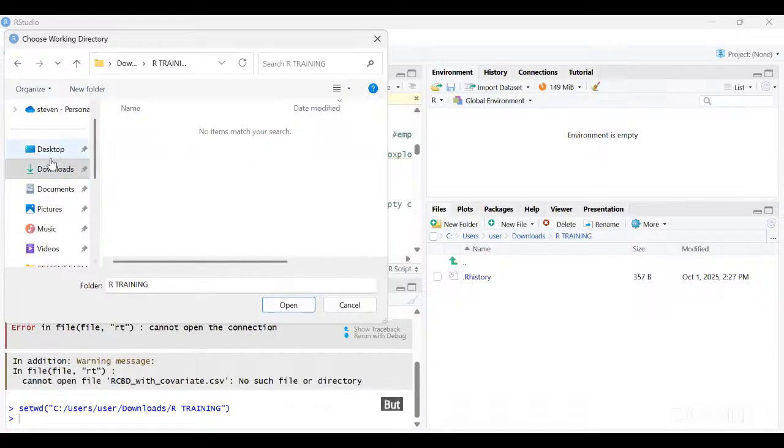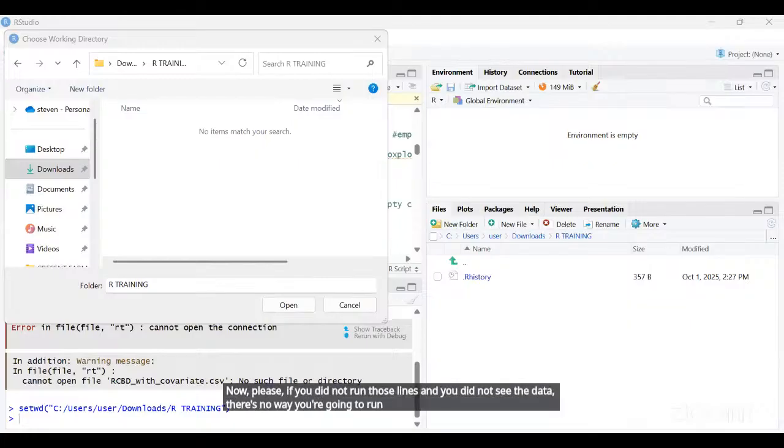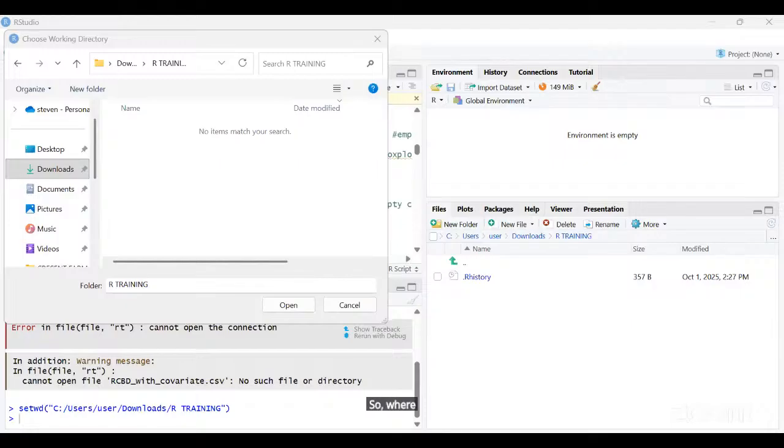But there seems to be nothing inside that folder. Please, if you did not run those lines and you did not see the data, there's no way you're going to run line number 88 and get anything. So where is your data?